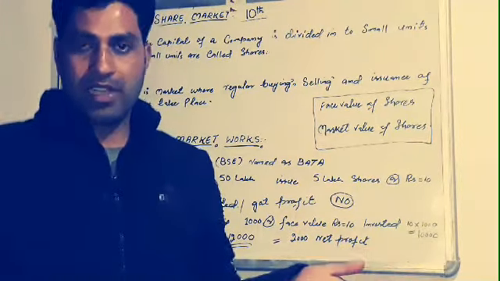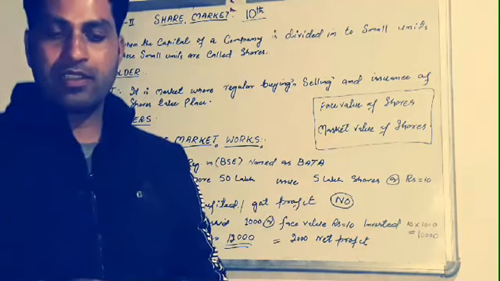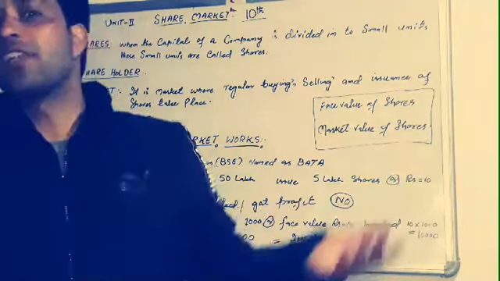Now the third concept I will explain here is stock brokers. We all should know what stock brokers actually mean. If anybody wants to invest in the share market, he cannot go blindly to the share market. But there are some persons in the share market who are called stock brokers. These persons have complete information about the share market.